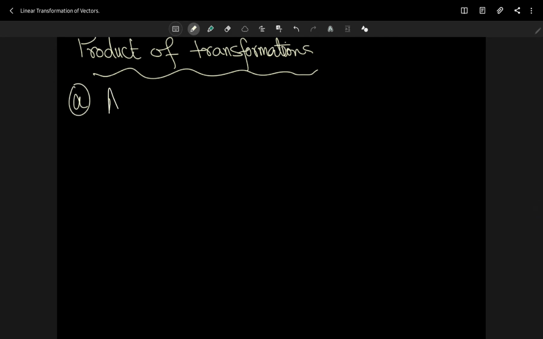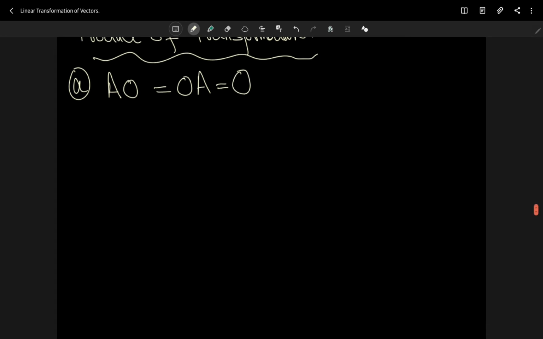First one, of course in no particular order: A0 just means the same thing as 0 on A, or 0 composition A, and that gives you back 0, right? And the other one is A times identity.